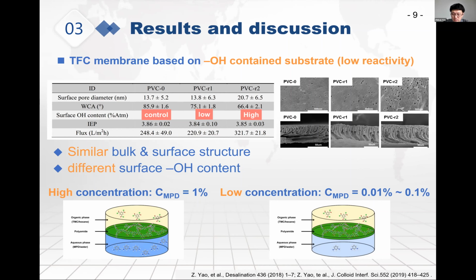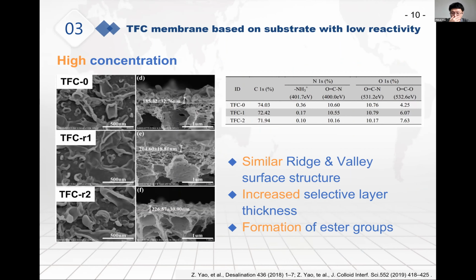Then the interfacial polymerization was operated thereon. Two reaction conditions, using MPD with high concentration and low concentration, were studied. First are the results for the high concentration condition.